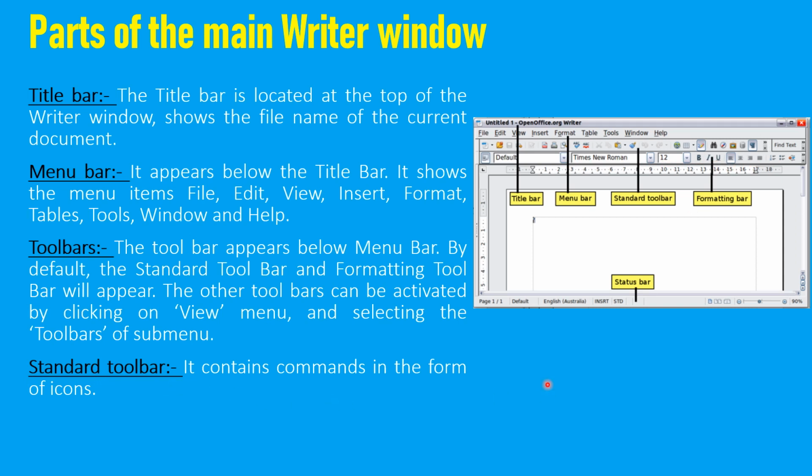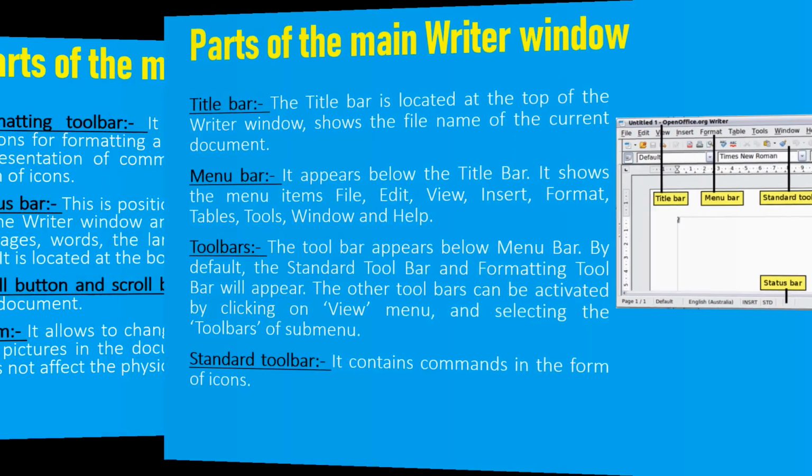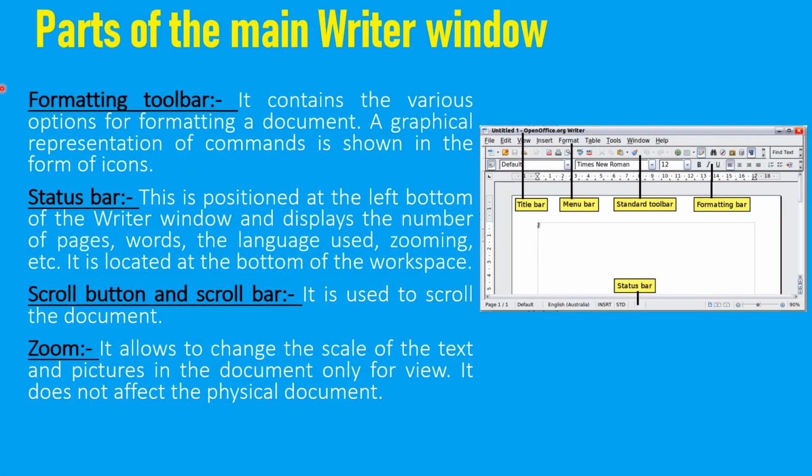It contains the commands in the form of icons. Here you can see this part is called the standard toolbar. Next is called the formatting toolbar. As we discussed, this part is called the formatting toolbar, which contains the formatting options like changing the font size, bold, italic, underline, alignment options.